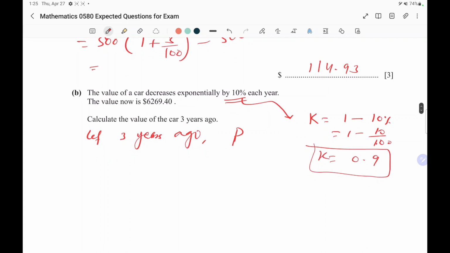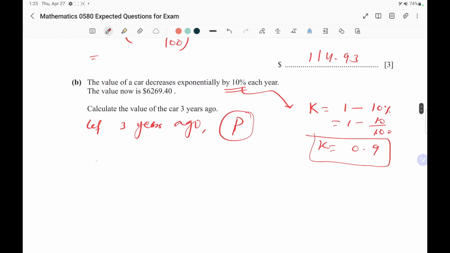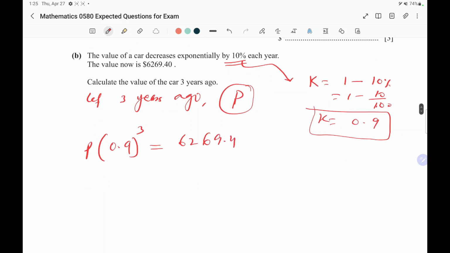Now, calculate the value of car 3 years ago. So first I assume 3 years ago it was P. So now after 3 years it would be P times 0.9 to the power 3. And that amount is 6269.4.